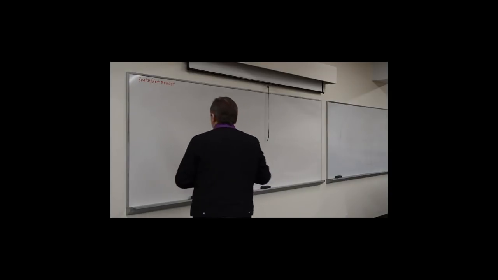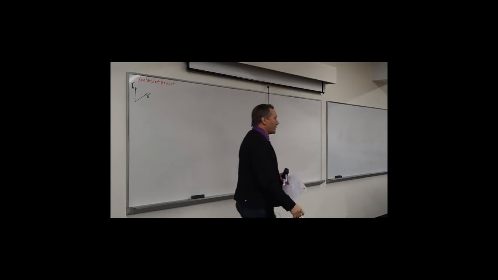Okay, so let's start. First, I want to look at scalar or dot product. Right. So what is that? So if you have, for example, two vectors, vector A and vector B, how do you find the angle between two vectors?